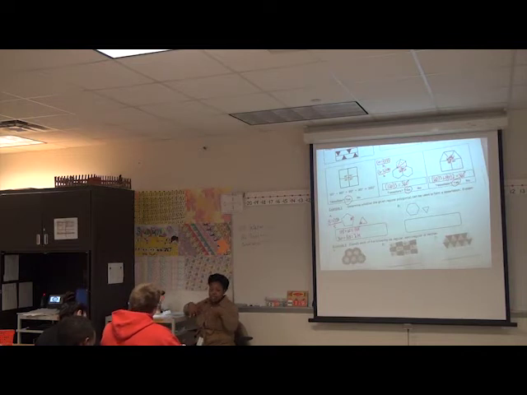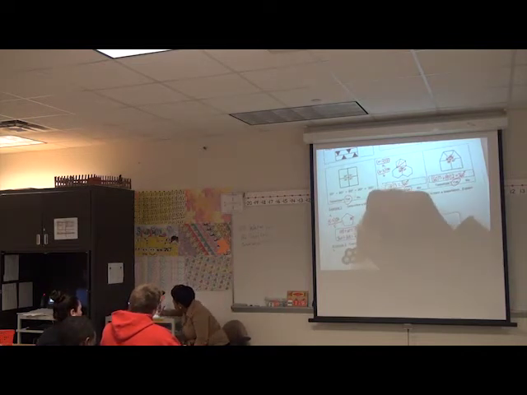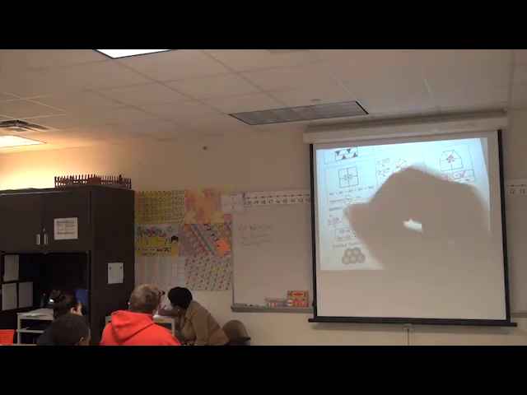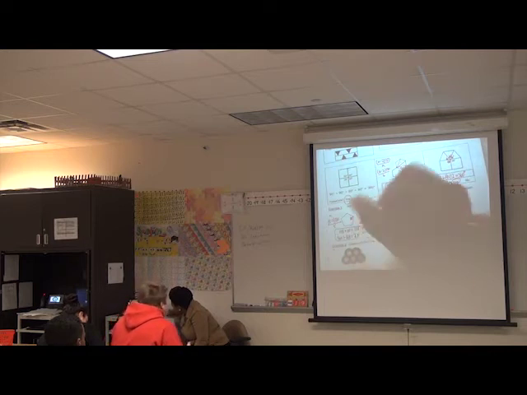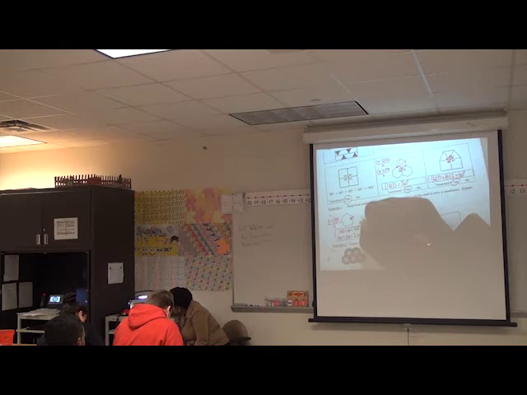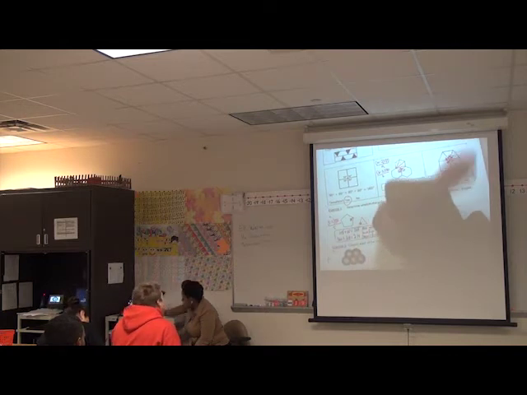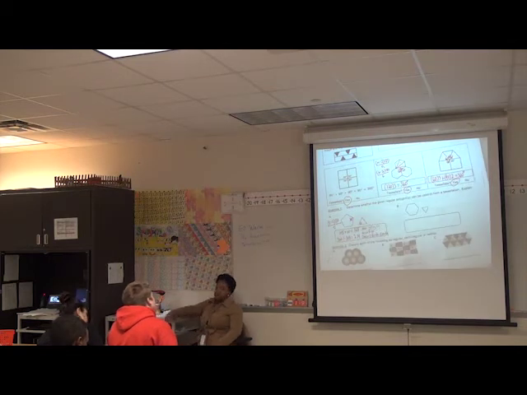If it doesn't divide evenly, then that means it's not going to tessellate. I'm just going to put doesn't divide evenly. Okay?